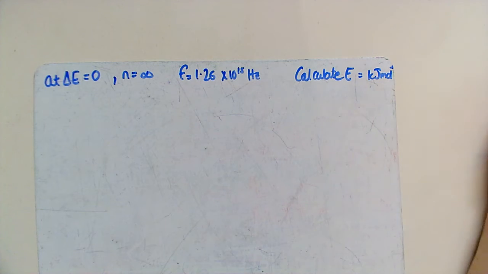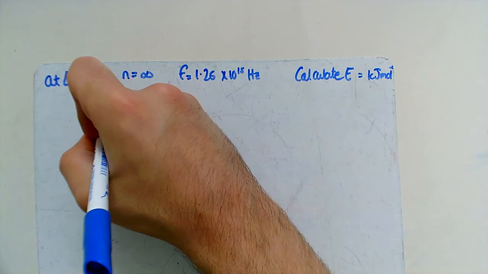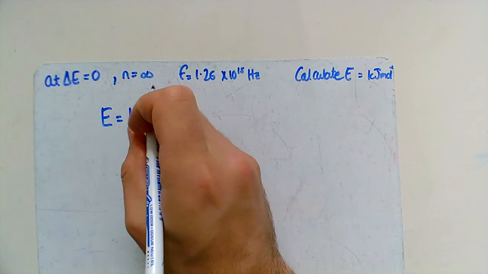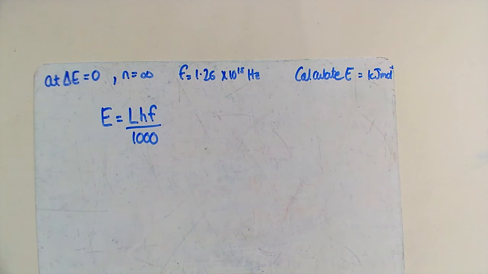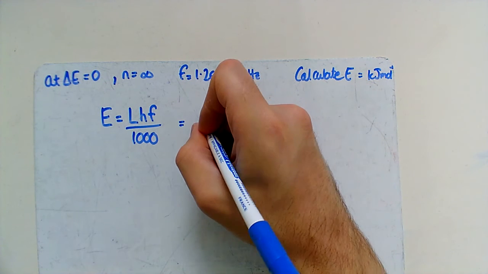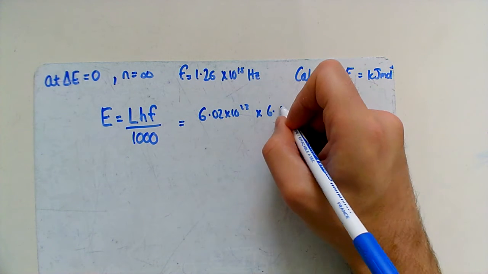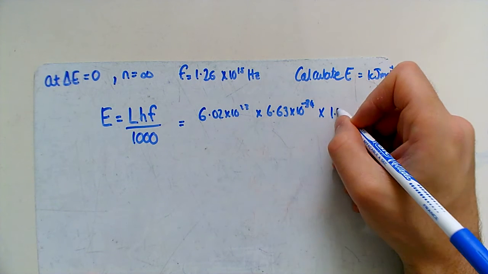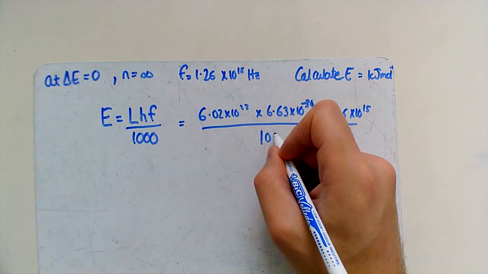So the equation we need to use, if it's kilojoules per mole, and we've been given frequency, is E equals LHF, and that's in joules. To make it kilojoules, we need to divide by 1,000. So when you put it all together, 6.02 times 10 to the 23, multiplied by 6.63 times 10 to the minus 34 multiplied by 1.26 times 10 to the 15, all divided by 1,000.